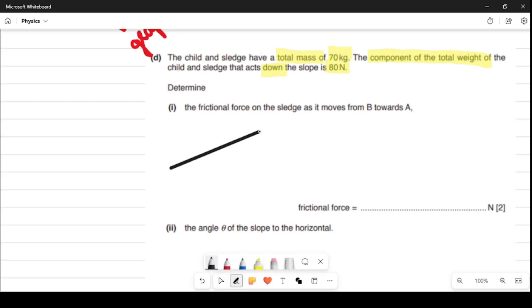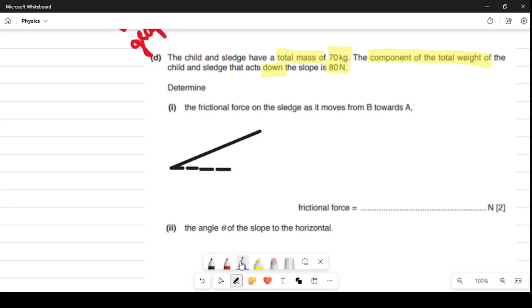So you know it's a slope, and the child and the sledge are traveling, he wants you to consider B towards A. So B towards A is they're moving downwards.